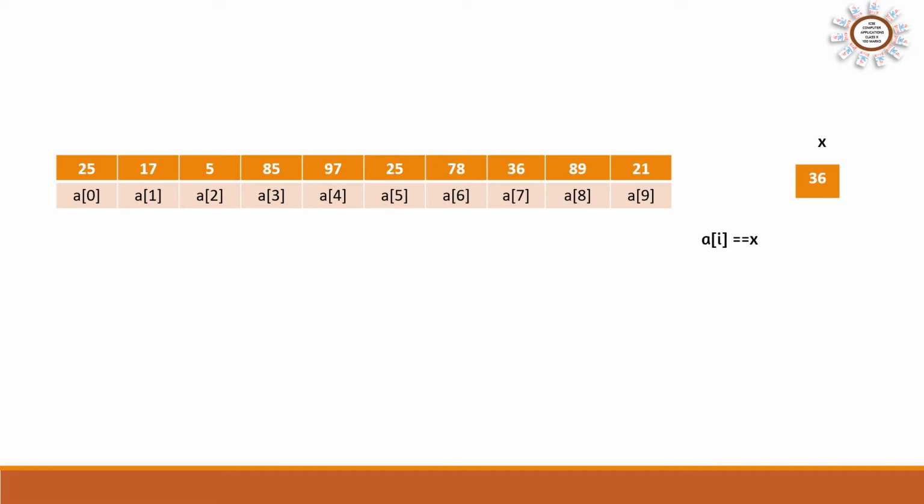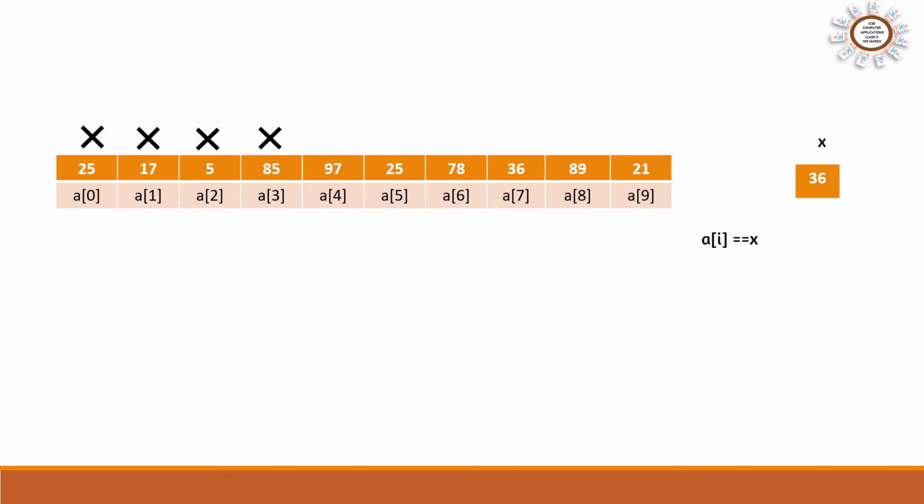So we can check how it is working. The first element is a0. We will compare a0 is equal to x. X is 36. That means whether 25 is equal to 36. It is not correct, so the next element will be checked. That means A1. A1 is 17, and 17 and 36 will be compared. That is also not correct. And then A2, 5 is coming. 5 and 36 will be compared, not correct.